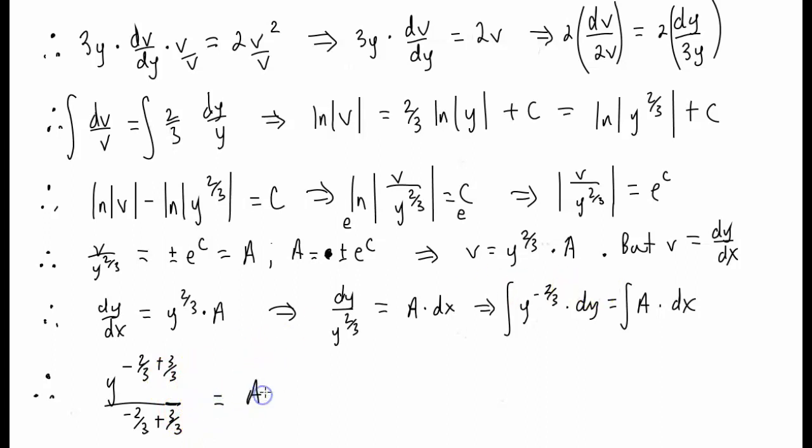And on the left side here, this is ax plus c. And of course, in the denominator here, that's just going to be 1/3. So 1 divided by 1/3 would just be 3. And this would be 3y raised to the 1/3 here. And this will be equal to a times x plus c. So at this point, we just need to get y by itself. Pretty simple to do. First thing that we can do is divide both sides of our equation by 3.